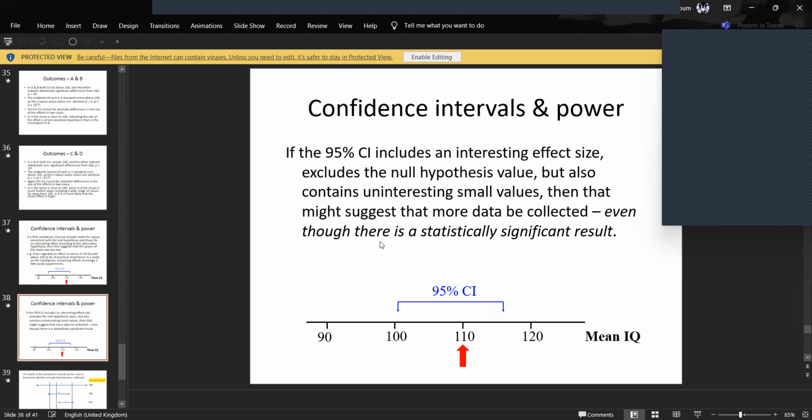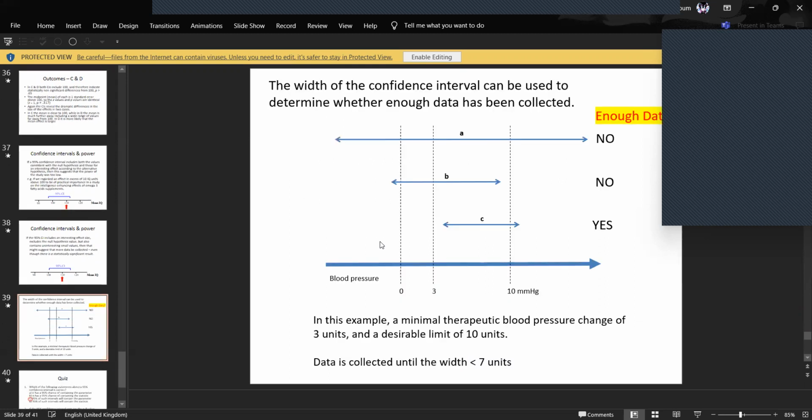Because you might want to look at whether there's a chance that your drug or your treatment does actually work. And so that might be able to push it towards being statistically significant and being of clinical importance.